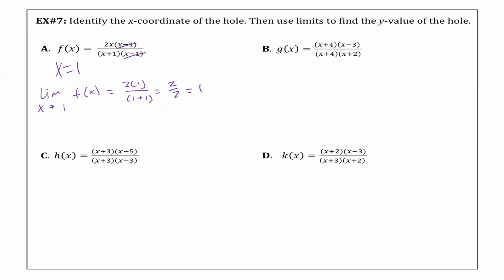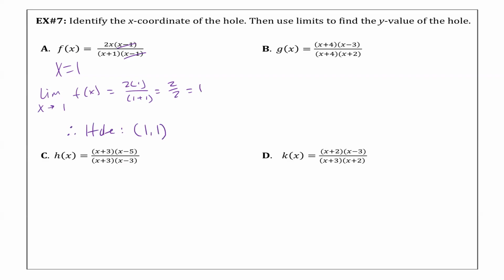So therefore our limit is 1, and our hole is at (1, 1). I don't think I need to do them all, but do you see how we find the hole? We eliminate and then we plug into what's remaining. Does anyone need another example of eliminating and plugging in?